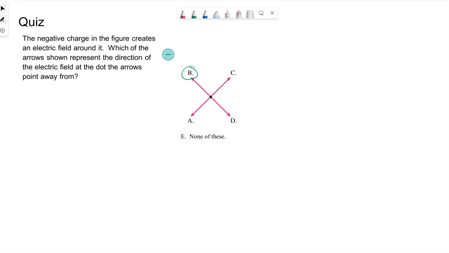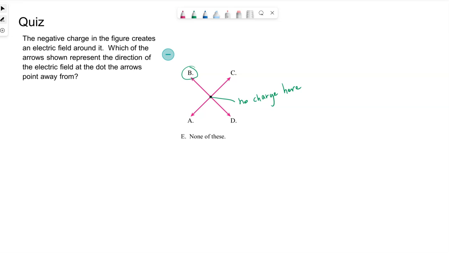Correct answer here is B. So just to mention, this dot represents just a location nearby this charge. So there's no charge here. No charge at this location. But we know the negative charge is influencing all the space around it. It would exert a force on a charge that was there at this point.